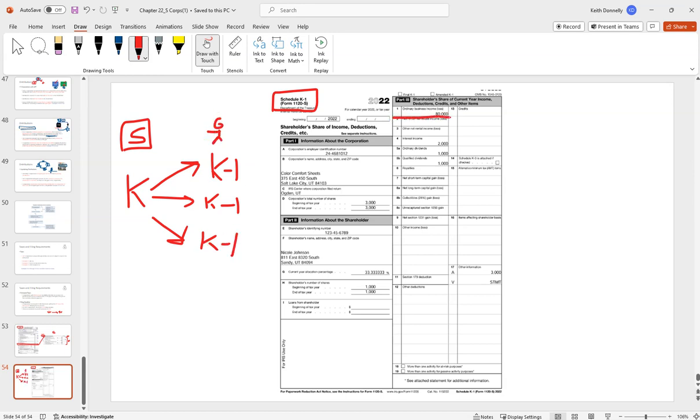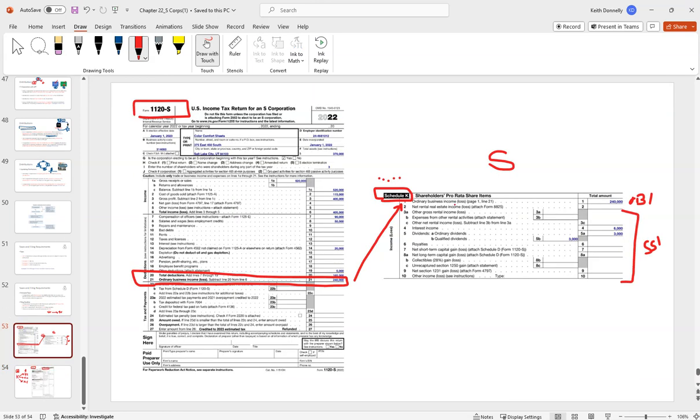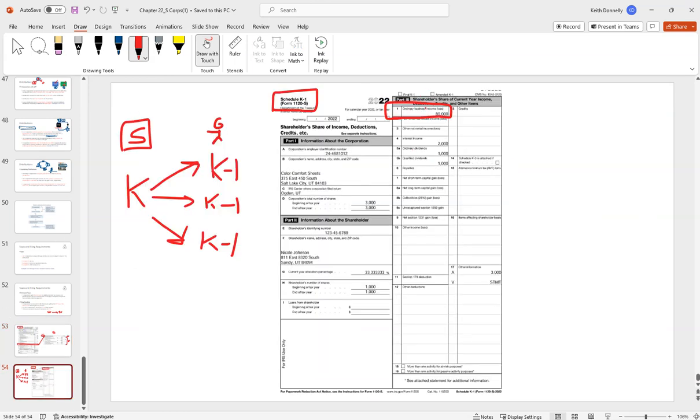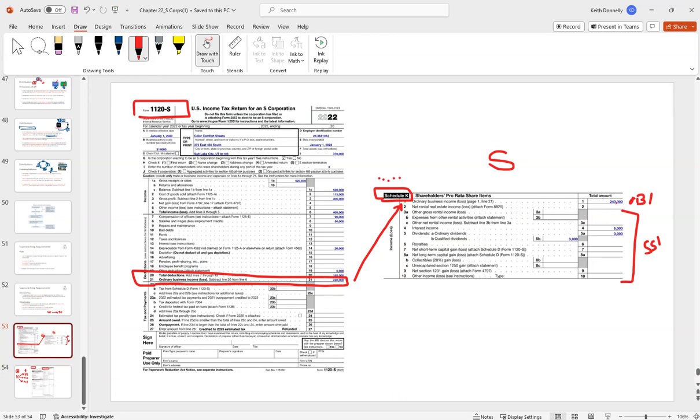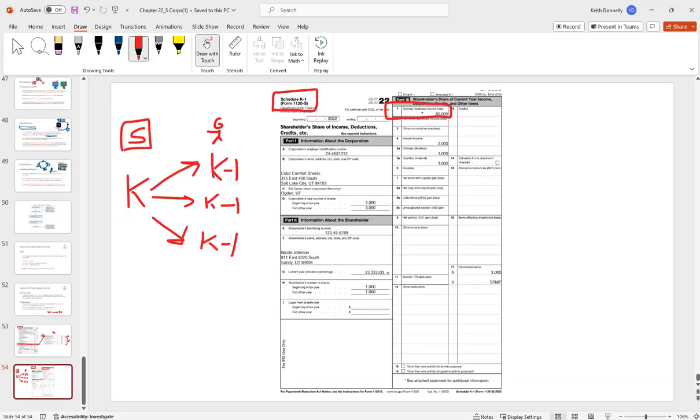It's going to show the shareholder their share, line 1, ordinary business income. Hey, they made 240. We get 80 of that. That's our share of the ordinary business income. Here are the separately stated items, our share of it. So with that, we're going to end here.